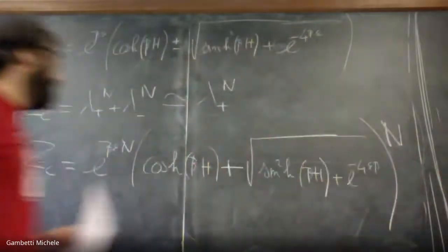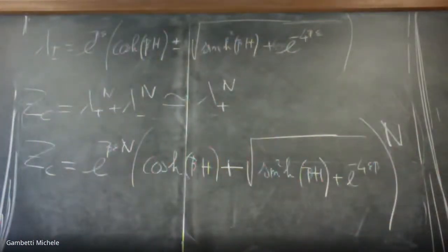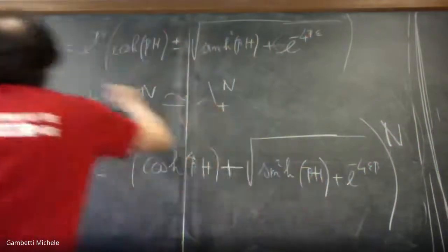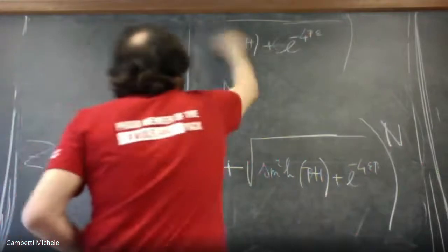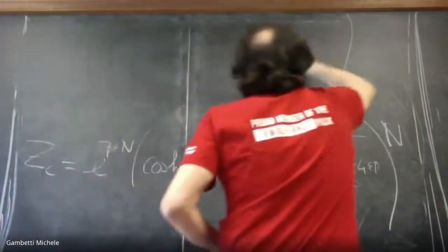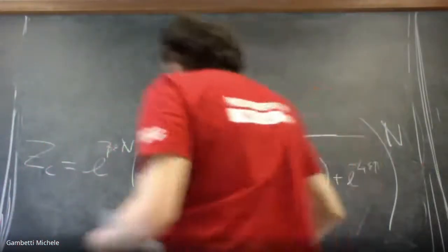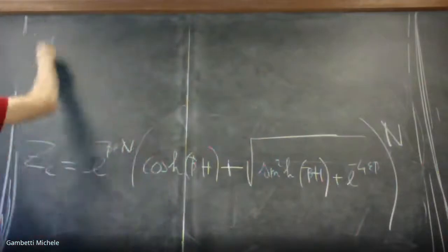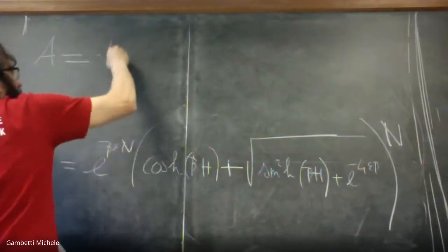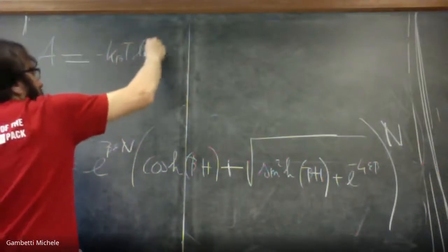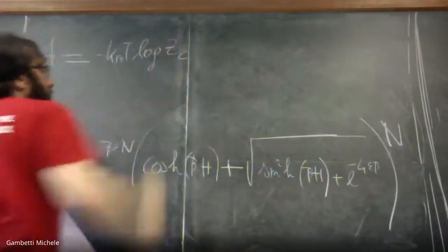Now this is the canonical partition function. We know that the canonical partition function allows me to find the Helmholtz free energy, which is A, which is minus kB T, the log of this quantity.